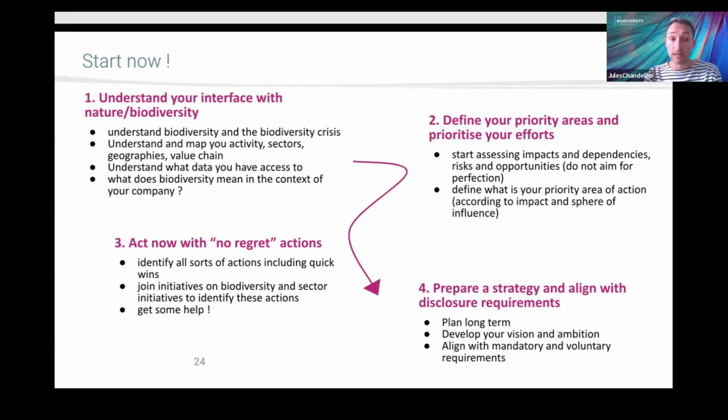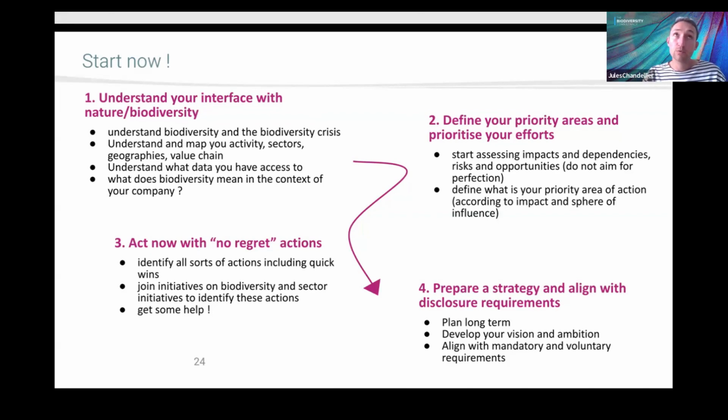You can also get some help through those initiatives, by talking with experts on the topic. And there are more and more available resources on biodiversity these days. You can also look on the internet. There are more and more fact sheets on the link between biodiversity and a specific sector.